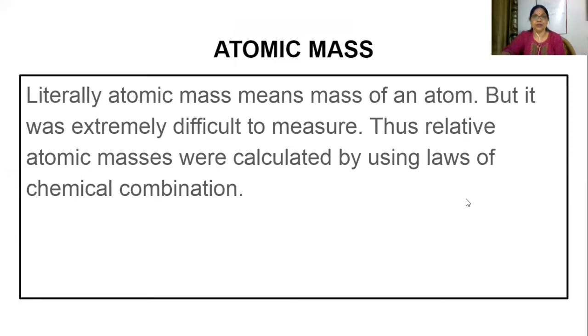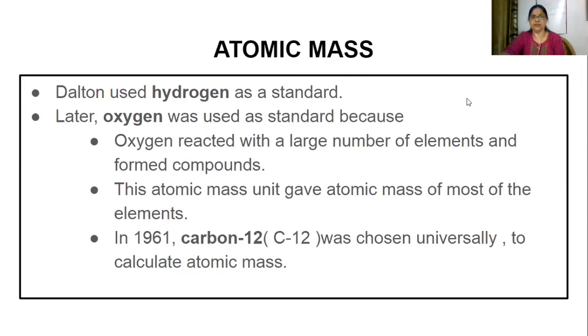So, atomic mass is the mass of an atom. But because the atoms are so small, it is very difficult to measure this atomic mass. And that is why it was calculated by using laws of chemical combination. Dalton used hydrogen atom as a standard for determining atomic mass of the various elements.